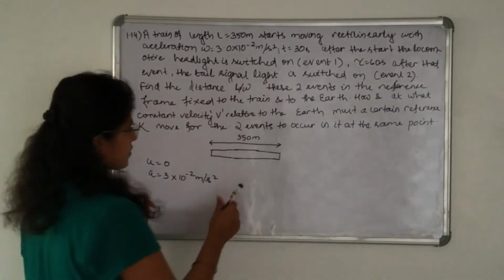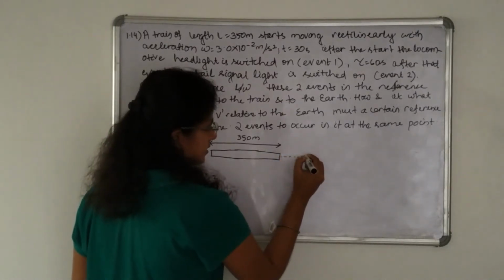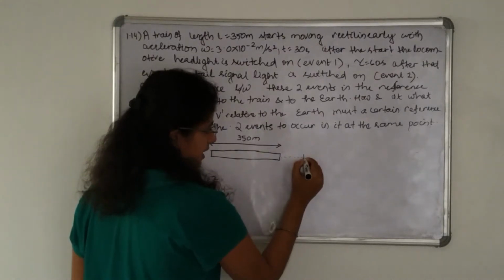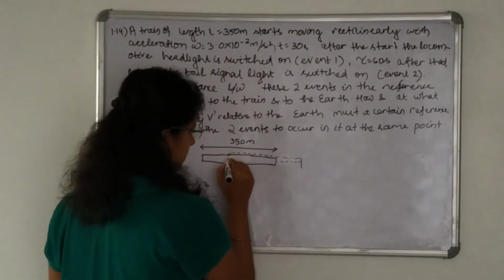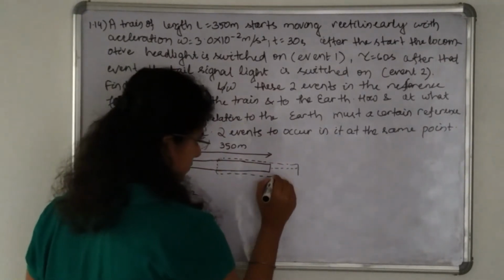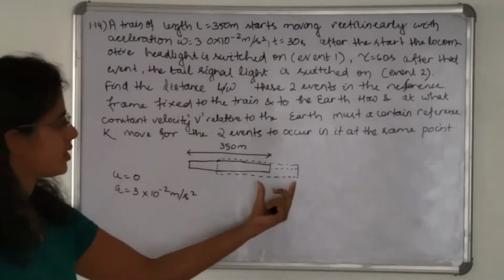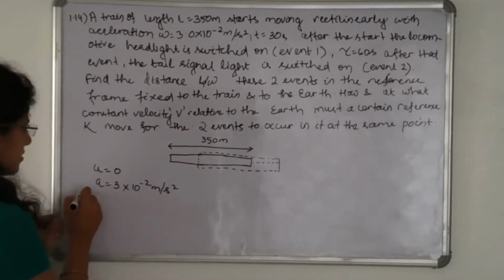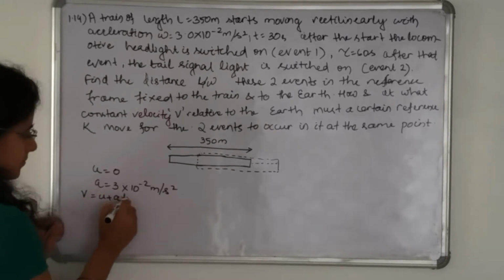Okay, so let us take after t is equal to 30 seconds, the front of the train is somewhere like this. So we have to calculate this distance. So after t is equal to 30 seconds, what is the velocity of the train? V is equal to u plus at.